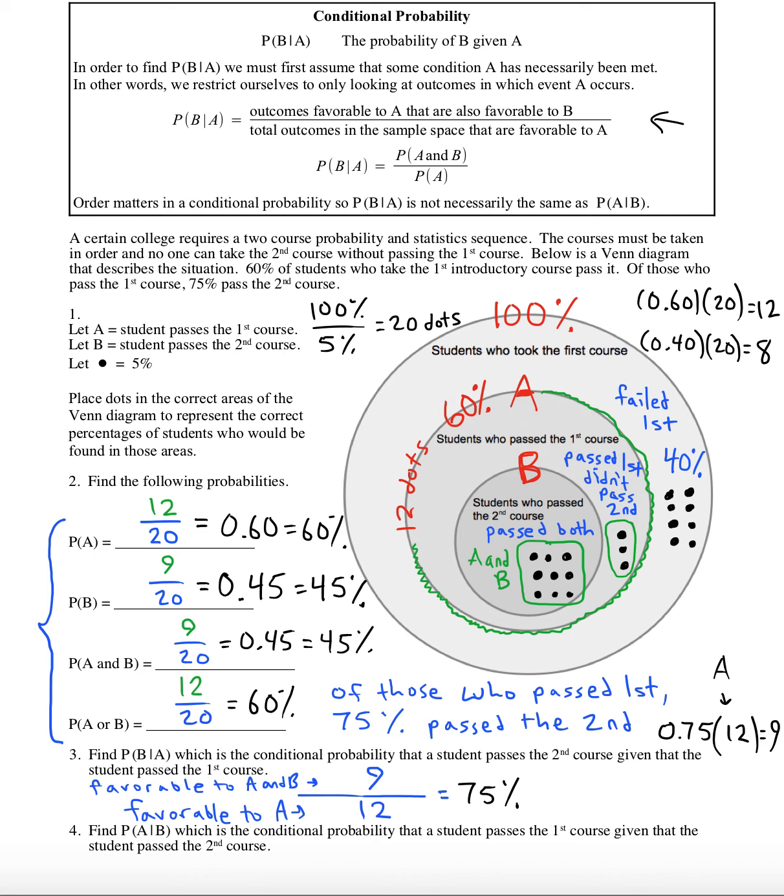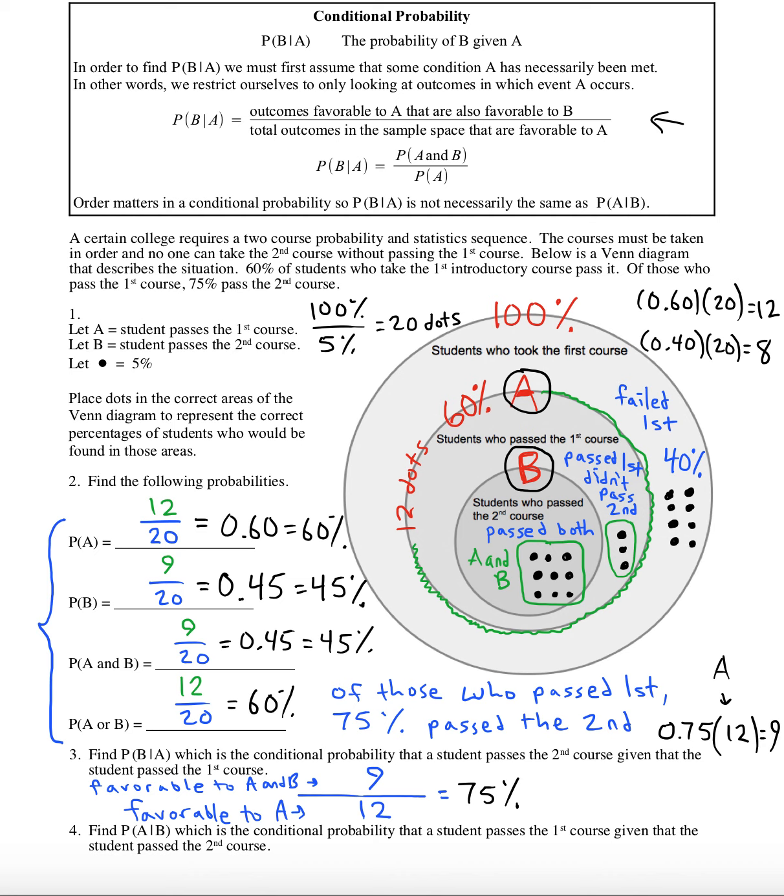This was actually given in the problem. So what does B given A mean here in the context of the problem? It's the probability that a student passed the second, given that they passed the first. Probability of B given A. So it's 9 out of 12.